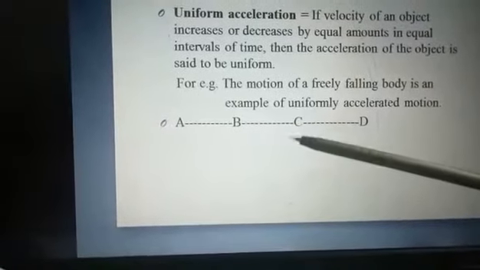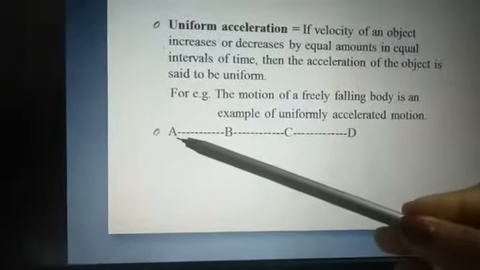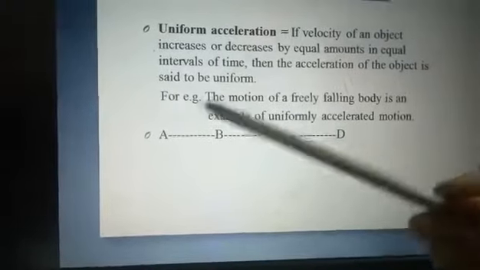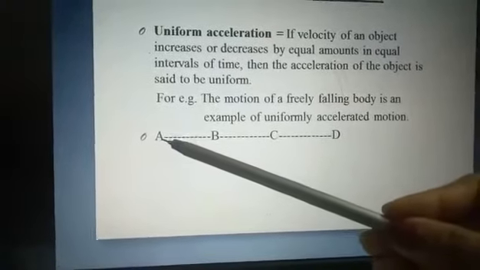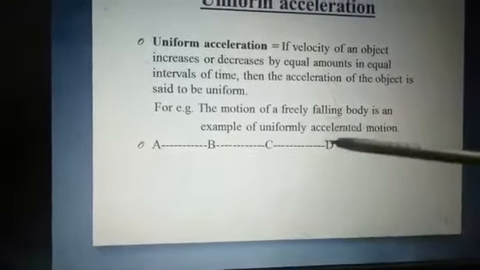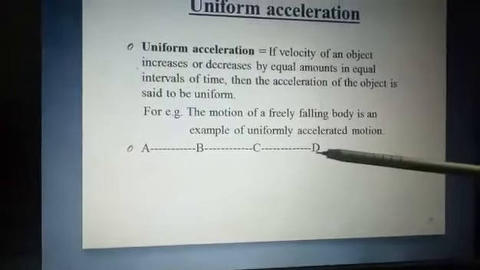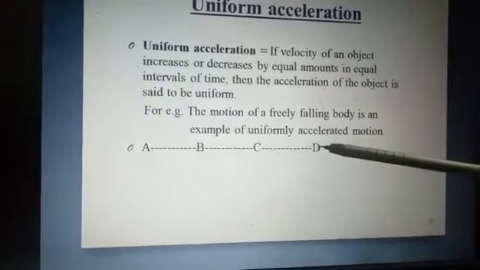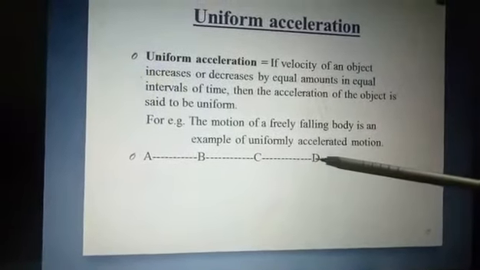Let's understand this topic with the help of this example. Here are 4 positions A, B, C, D. When the object is present here, its velocity is known as initial velocity. When the object reaches here, whatever velocity it has at this point is known as final velocity.